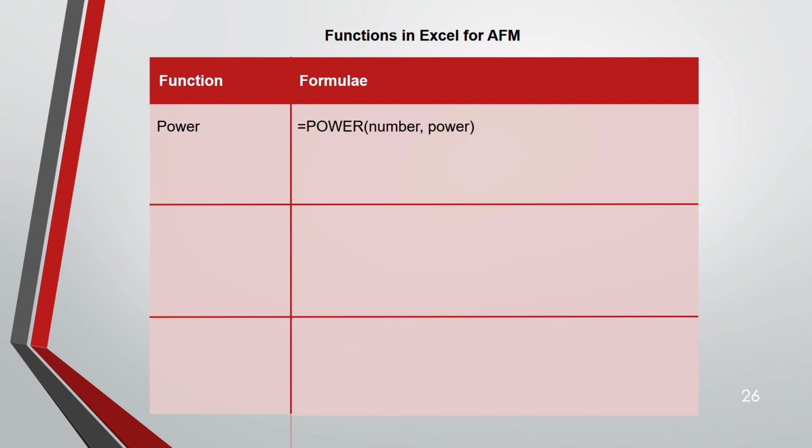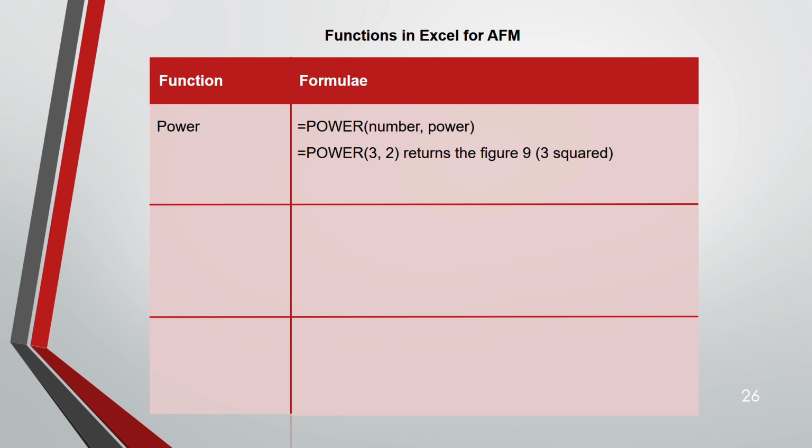Power. Power bracket. First thing should be the number, comma, the power. Power could be anything: to the power 2, to the power 3, to the power half, anything. So for example, the number that you want to take is 3 and the power is 2. So it will take 3 to the power 2. That's how it works.